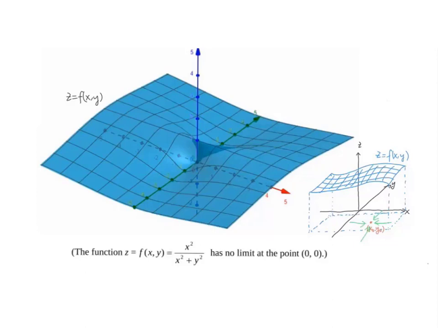Now, if you refer to the path along the green y-axis, you find that when you approach the point 0, 0 from the north or the south, the output of the function approaches 0. Since these limits do not agree, we conclude that the function has no limit at 0, 0.